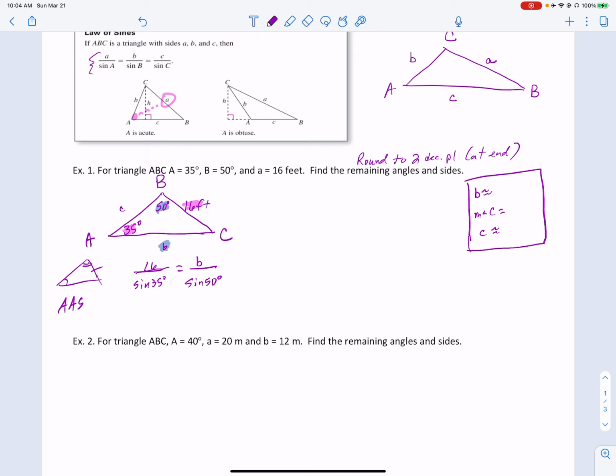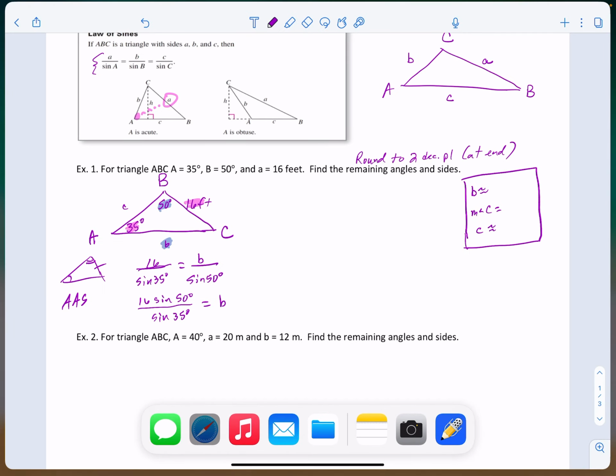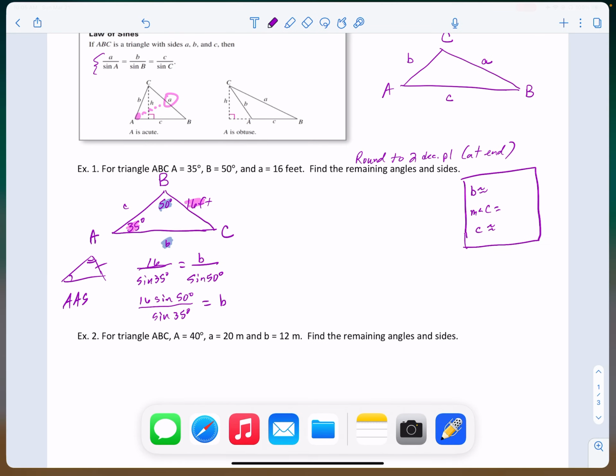And so to solve this, multiply both sides by sine 50, and I'm going to get 16 sine of 50 degrees over sine of 35 degrees, and that will be B. I just multiplied both sides by sine 50. And then put that in your calculator just like that. Make sure your calculator is in degrees.